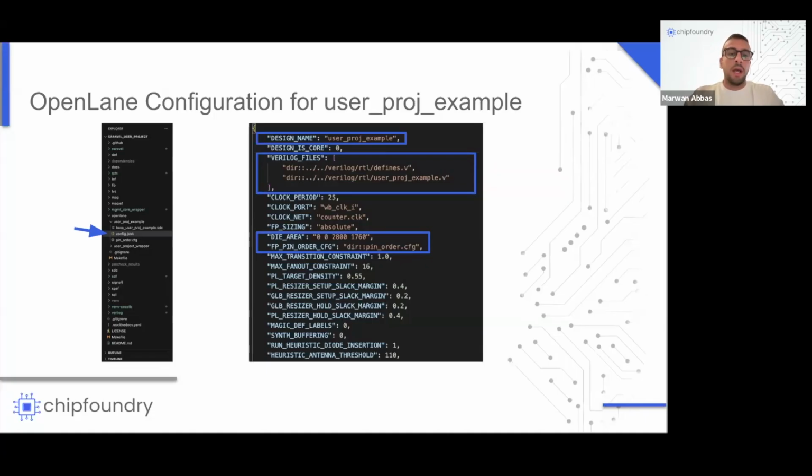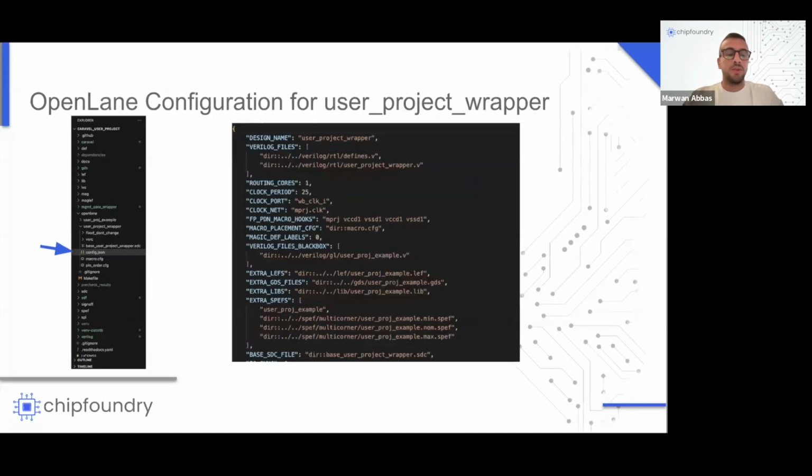To integrate your example inside the user project wrapper, you would need to change the configuration file for the user project wrapper. The first thing is to actually place the macro. There's a macro.cfg file.